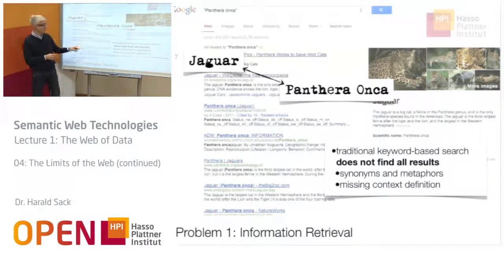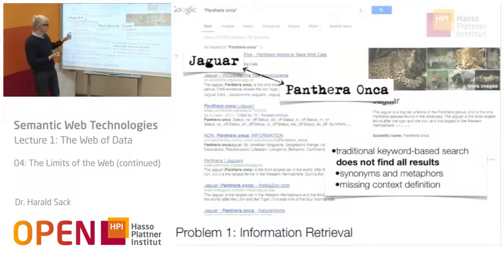So this means traditional keyword-based retrieval that only looks for the term will only give you documents where this term is present, and not results where the same concept is denoted by another term, for example, a synonym, or when it's described in the form of a metaphor.